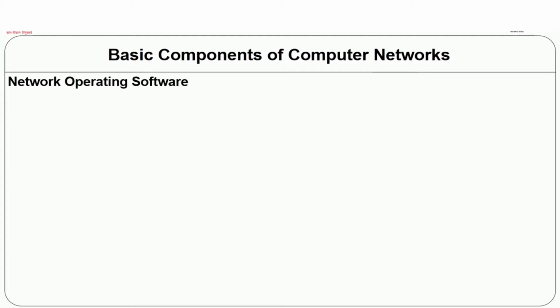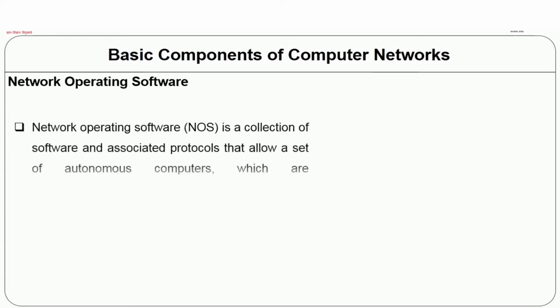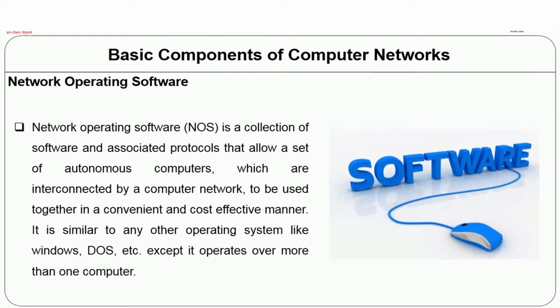Now looking into the other basic component of computer networks, network operating software. It is a collection of software and associated protocols that allow a set of autonomous computers which are interconnected by a computer network to be used together in a convenient and cost-effective manner.